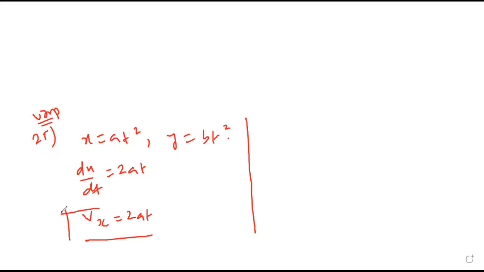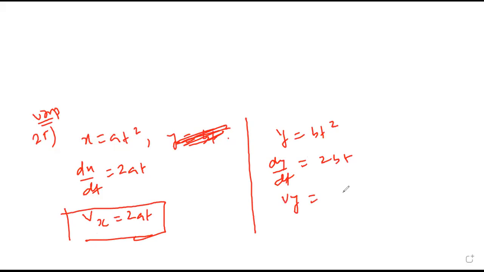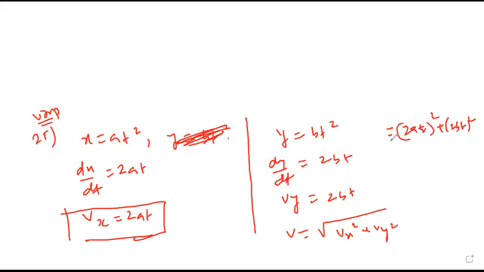I hope you have followed this much. Correct? Yes, sir. y is bt square, so its derivative with respect to time is 2bt. So the velocity in the y direction is 2bt. The net velocity is the square root of vx square plus vy square. So it is the square root of 4a square t square plus 4b square t square, or we can take 2t common.